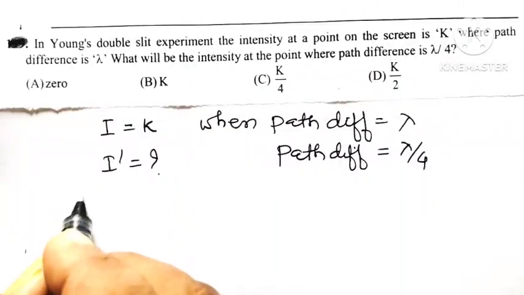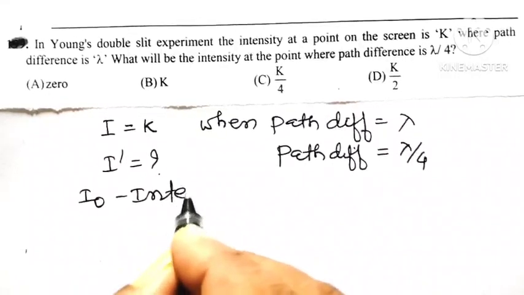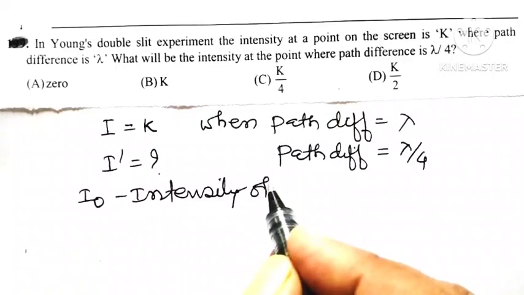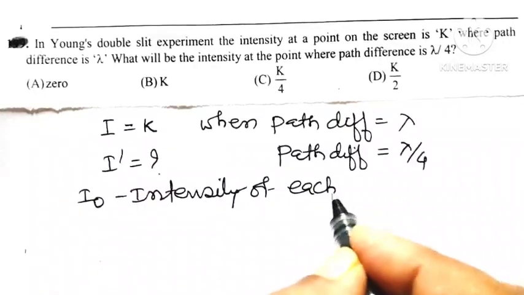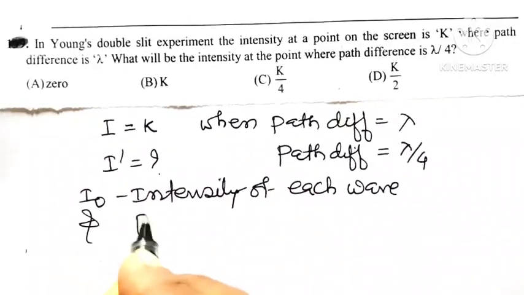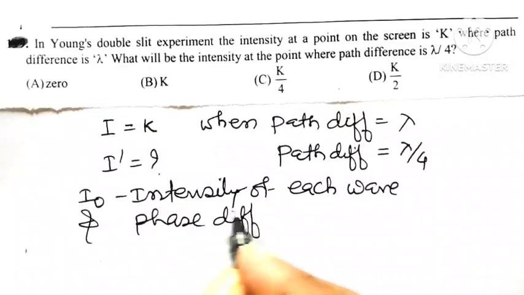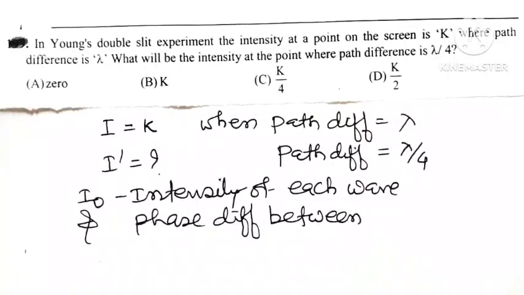Now let I0 be the intensity of each wave, and phi represent the phase difference between the two interfering waves.